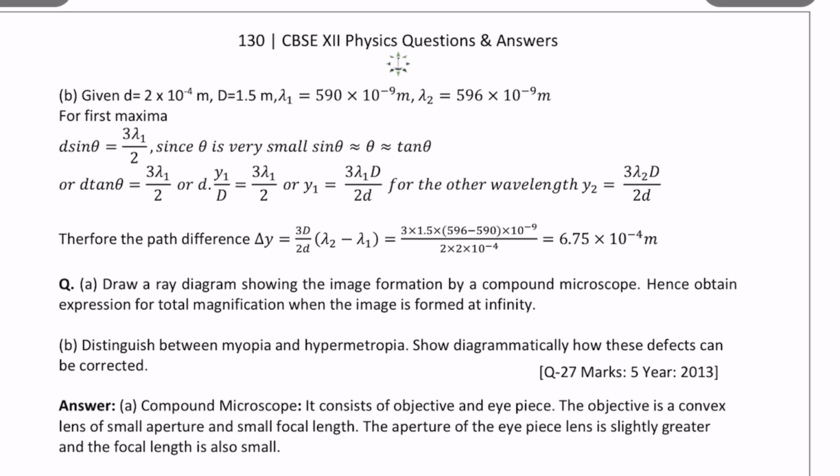And regarding the second, put these values. So d sin theta is 3 lambda by 2. Since theta is very small, sin theta can be treated as theta. So ultimately put this y2 value. The path difference is equal to the difference of these two, 6.75 into 10 to the power minus. So nothing special on this. Take the screenshot. Next question.